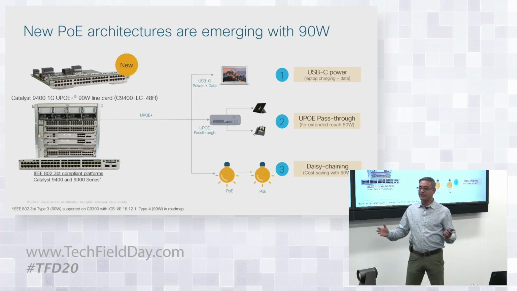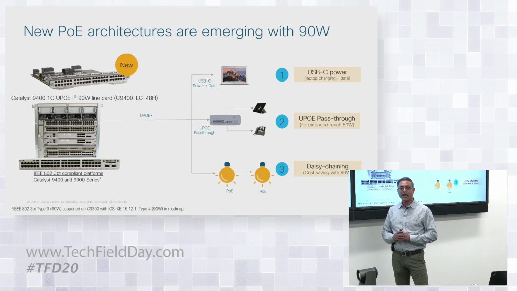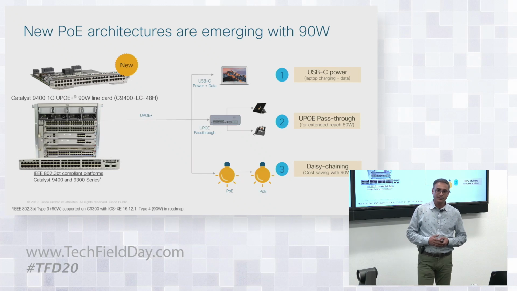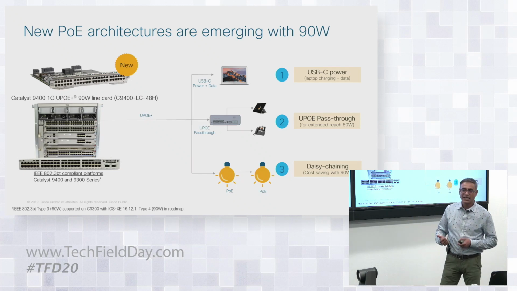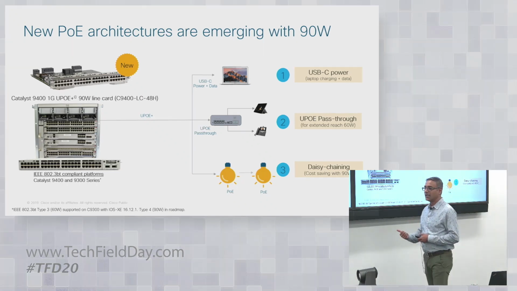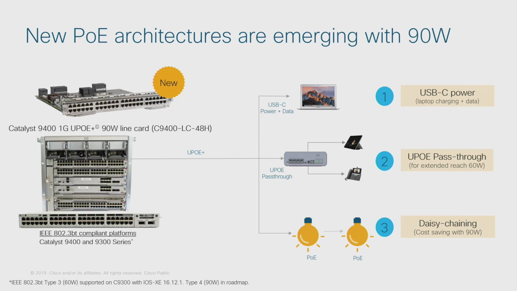Now, with all of these benefits that BT brings, brand new architectures are emerging with PoE. The first one is the USB-C standard, which allows you to drive power and up to 5 gigabits per second of connectivity using the USB-C standard.